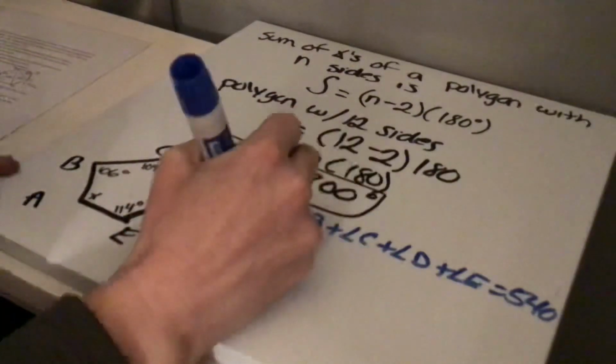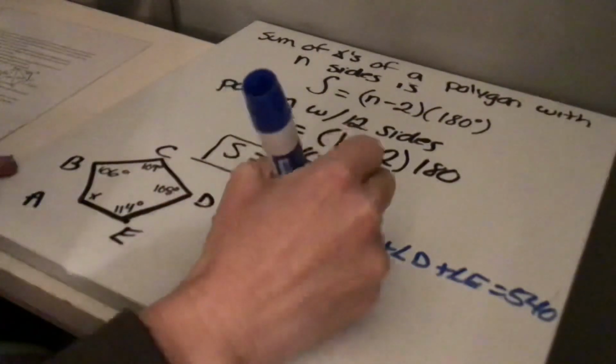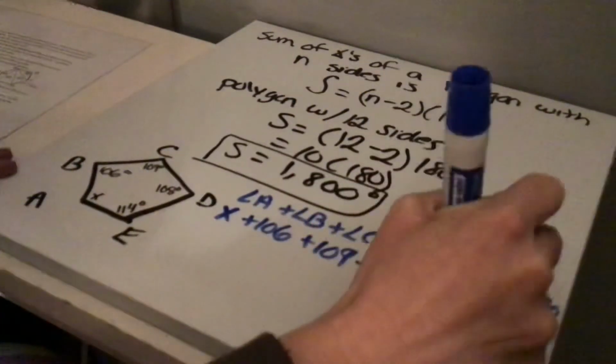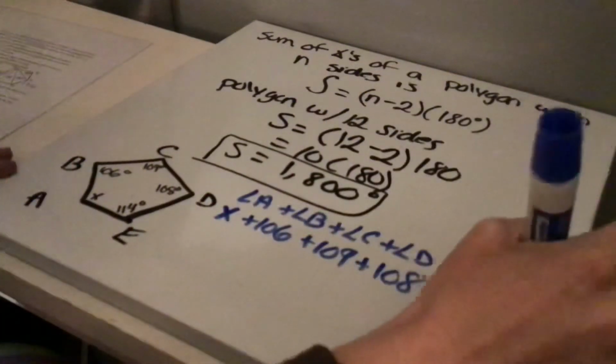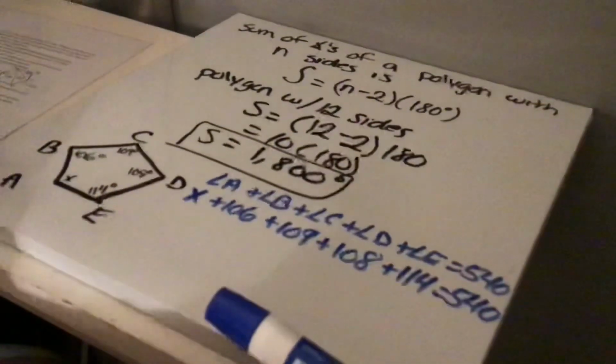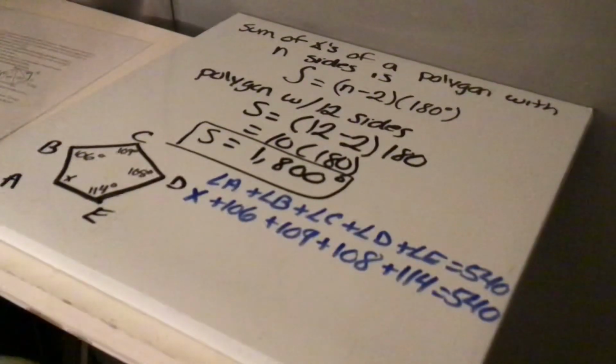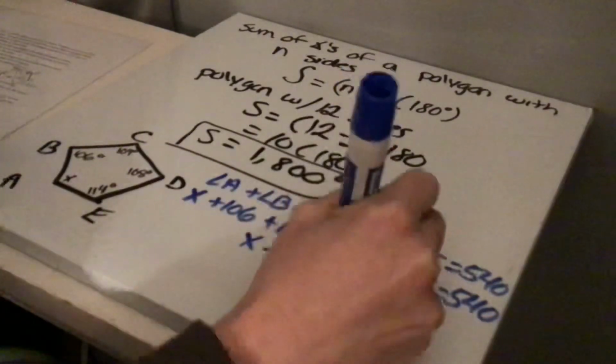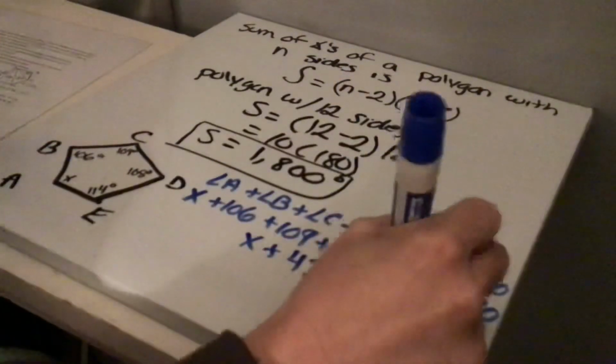It's x plus 106 plus 109, 108, 114 equals 540 degrees. So when you add those all up, right, 106 plus 109 plus 108 plus 114, we're going to simplify. We get that x plus 437 equals 540.